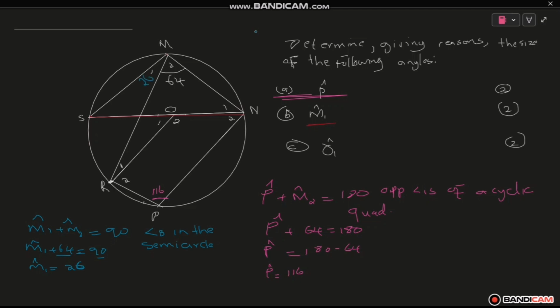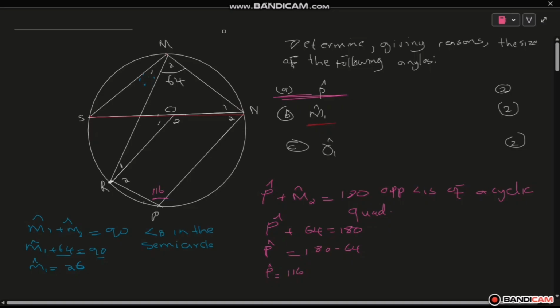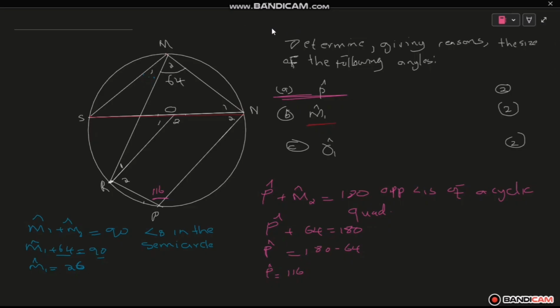You take that 26 and substitute it on M1. We have our 26 as the angle of M1. Then we are asked to find O1.